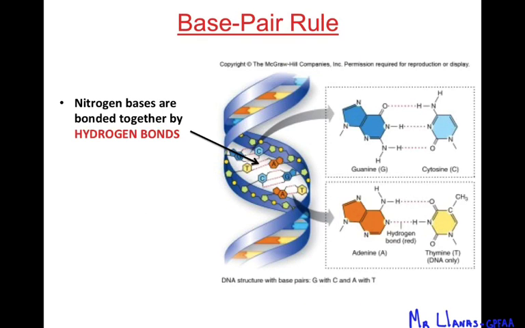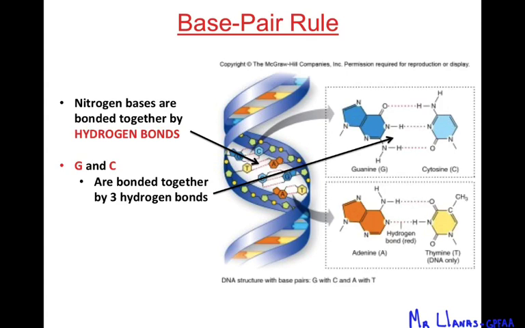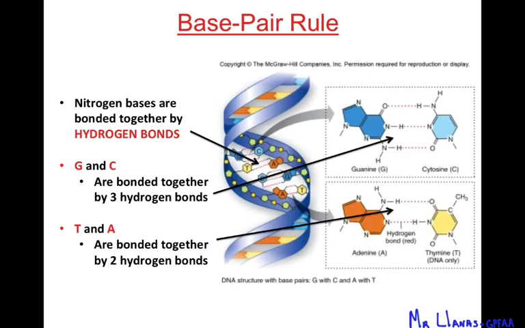The base pair rule states that these bases are always bonded together, and more than that, G and C are bonded together with three bonds, and A and T are always bonded with two bonds. The bonds used are hydrogen bonds, and the reason is that hydrogen bonds are very weak, so they're very easy to separate.